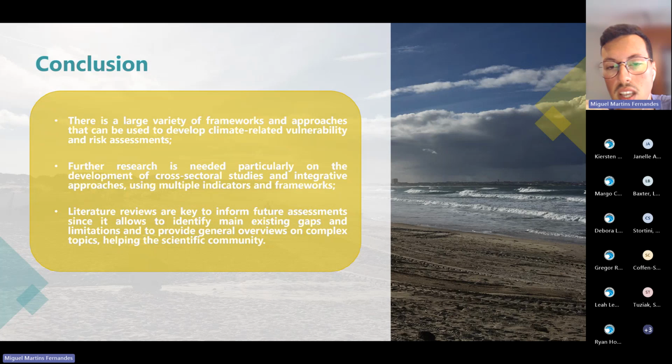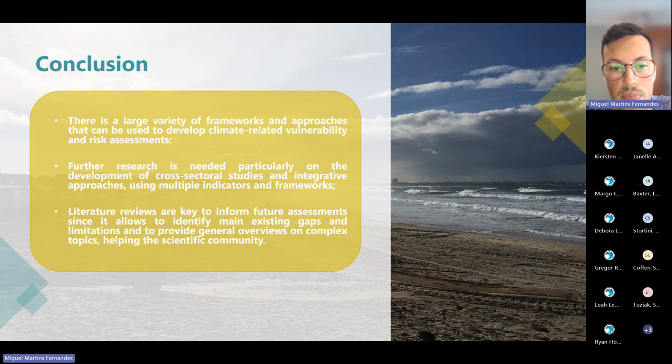And because yes, MSP is very flexible and adaptive, but we need to improve how we can use these types of frameworks to make the use of the ocean space more sustainable.